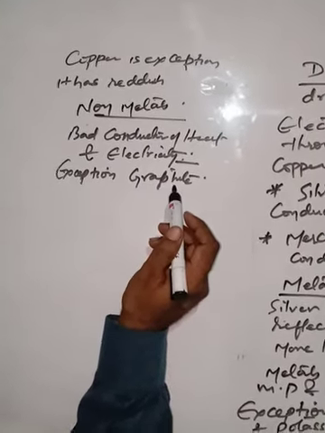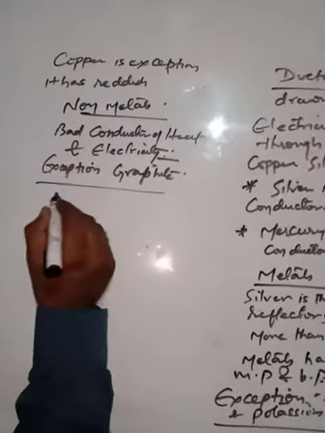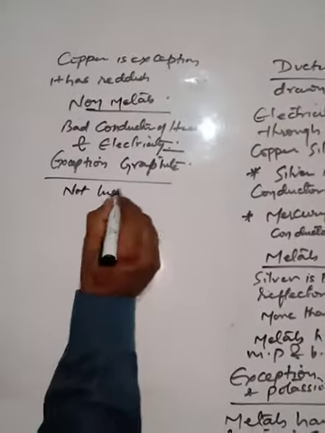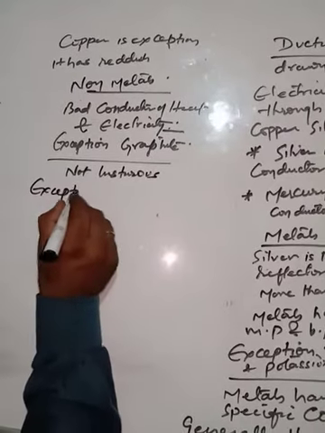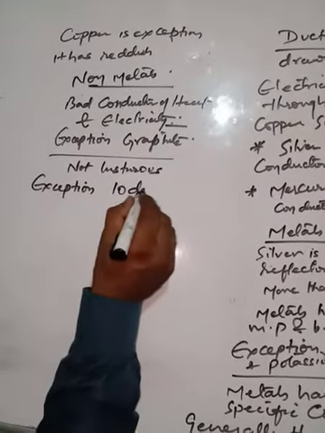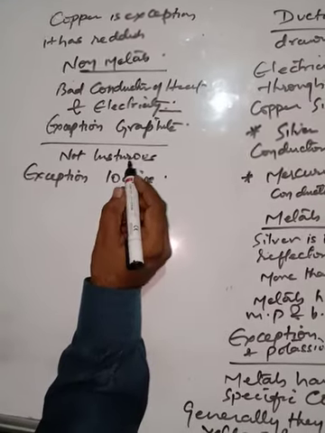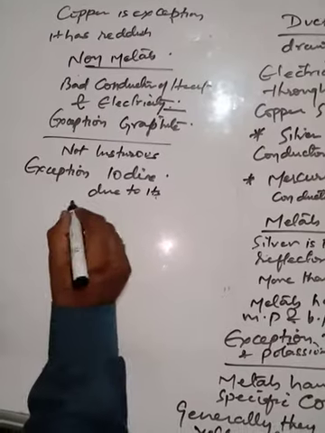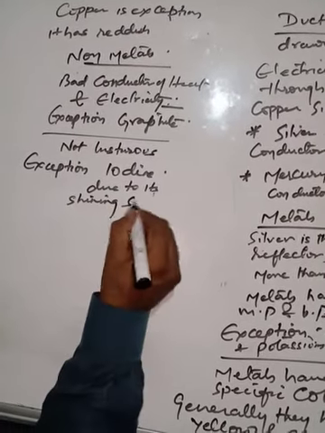Non-metals are not shiny in nature, not lustrous. Exception: iodine. Iodine has a lustrous appearance due to its shining surface.